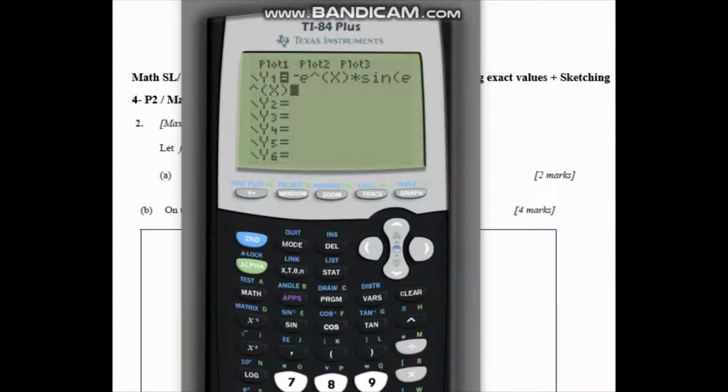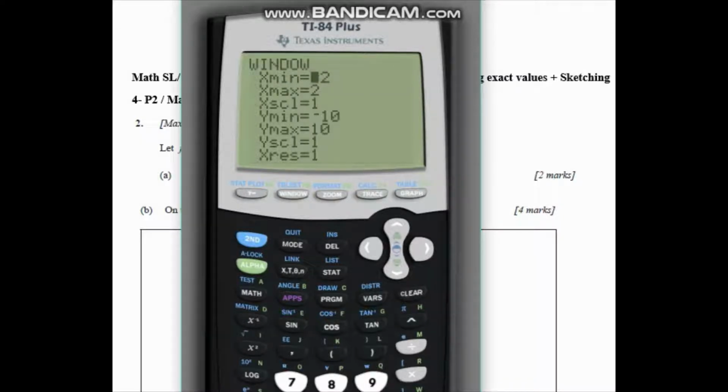So let's just make sure our window is appropriate. X minimum is set to negative 2, x maximum is set to 2, and then for the y minimum and the y maximum I have to use trial and error. I'm just going to plug in any two numbers and then see whether my window works or not. So next we click on trace to see the shape of our function.